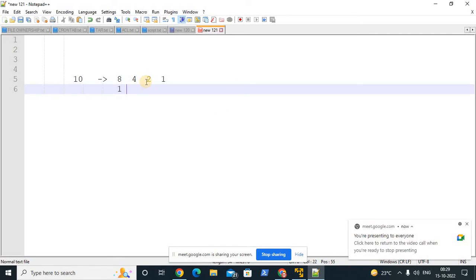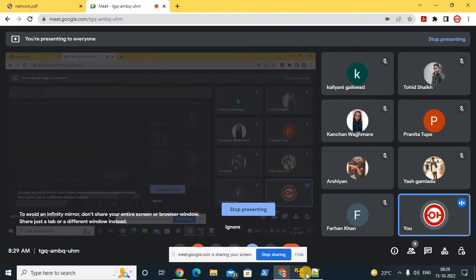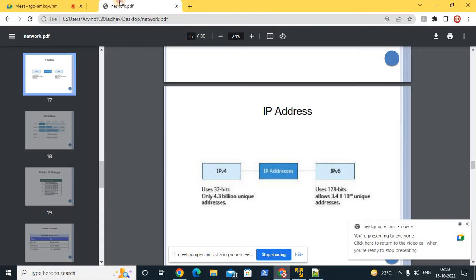Those participating in the addition will be replaced by 1, and those who are not participating will get 0. So this is the binary number of 10. Similarly, it will allow us up to 32 bits. Make a note of that. Up to 32 bits are available.